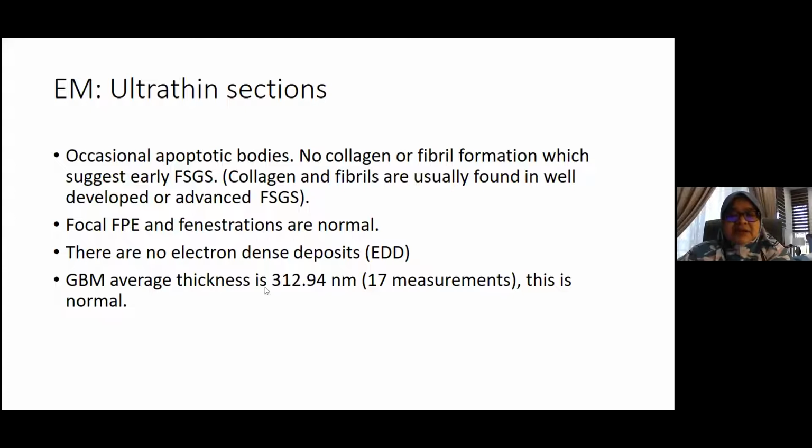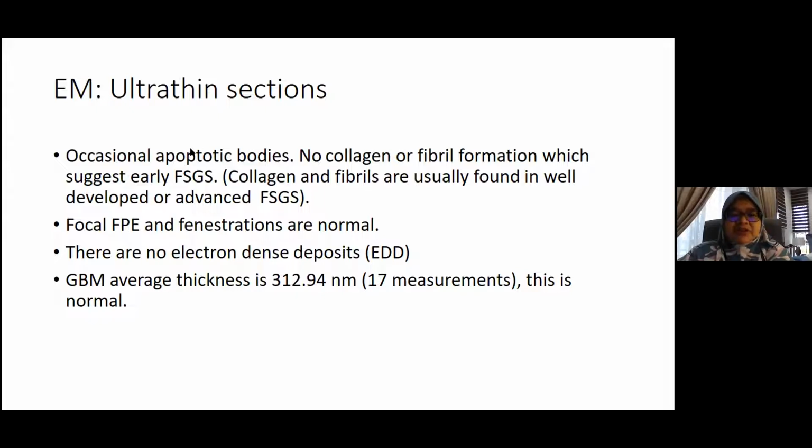The average thickness was 312, which is of normal thickness. So there are occasional apoptotic bodies. However, there's no collagen or fibril formation within the mesangium.